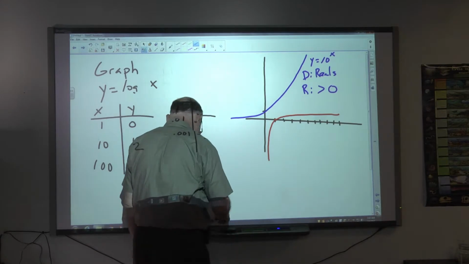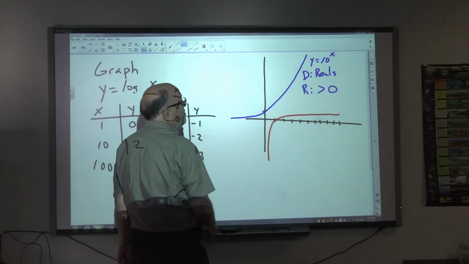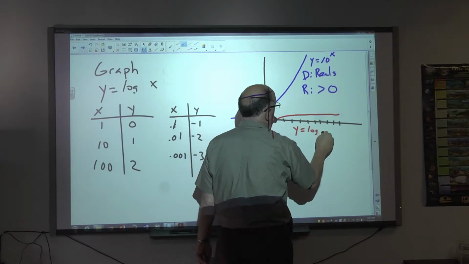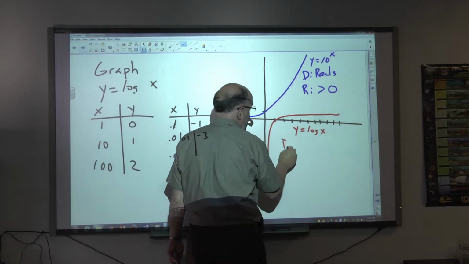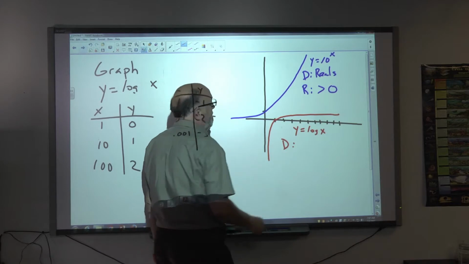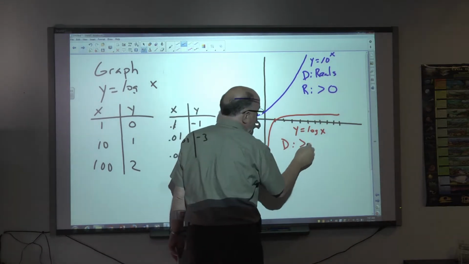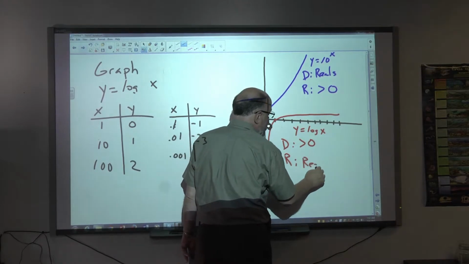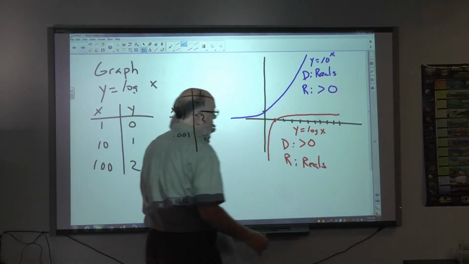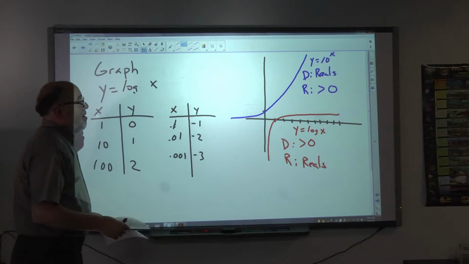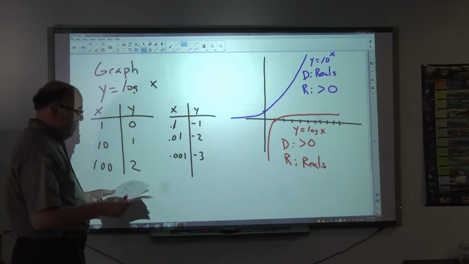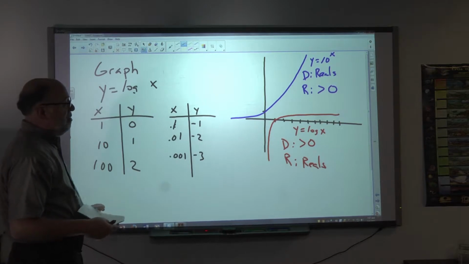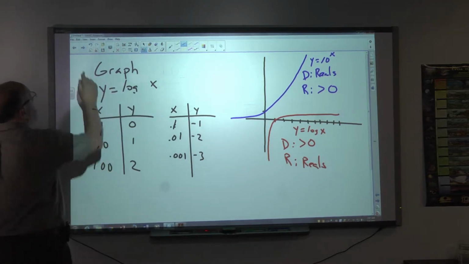If I look at my log graph here, my domain, the numbers I can plug in, are numbers greater than 0, and the range is all real numbers. And so these are inverses of each other, in terms of the domain and range of our exponential and logarithmic functions.